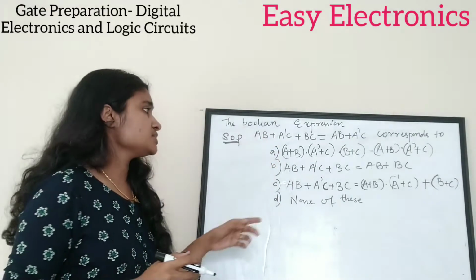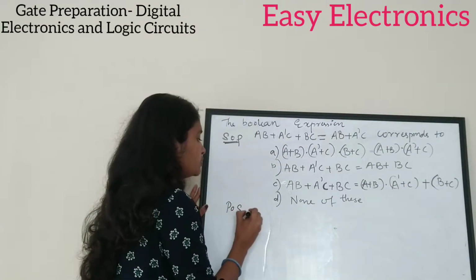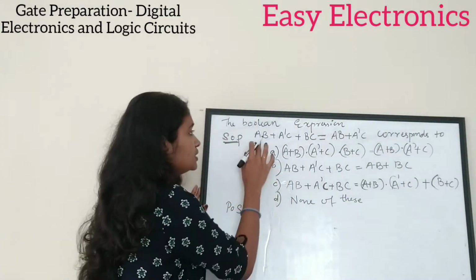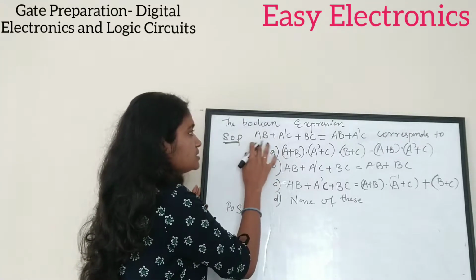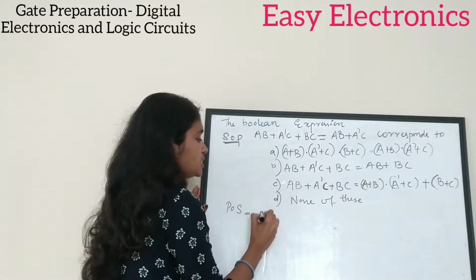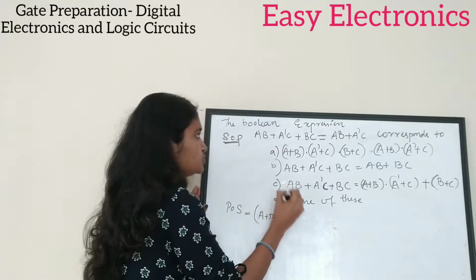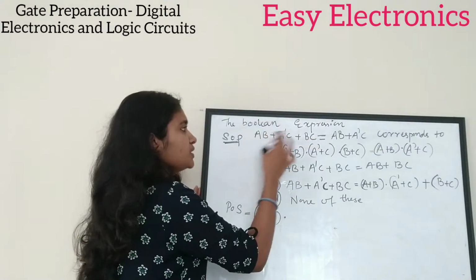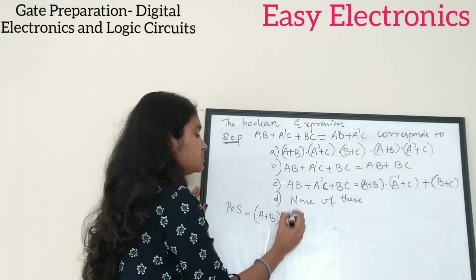So how will you write it in the POS form or product of sum form? I'm going to write it here. So, product of the sum. So take the sum of AB, which is A plus B, and take the product into, or just convert the products as sum and the sum as products.